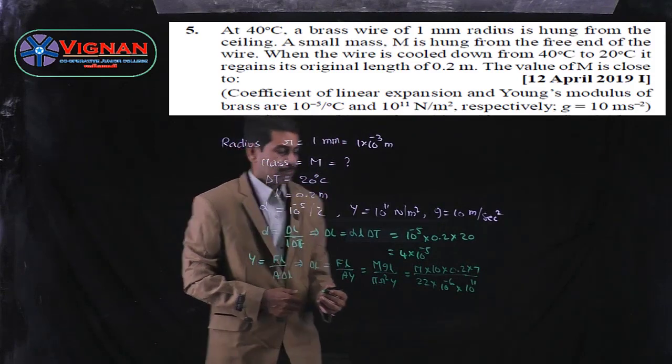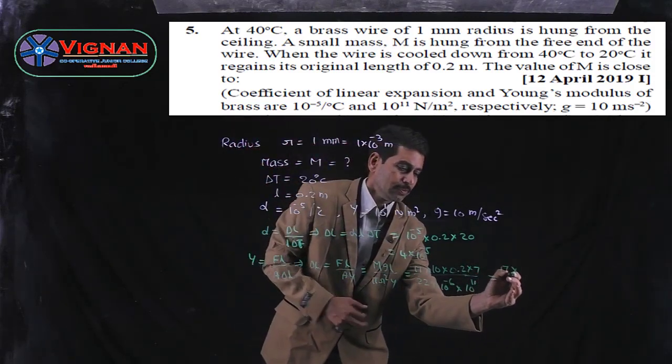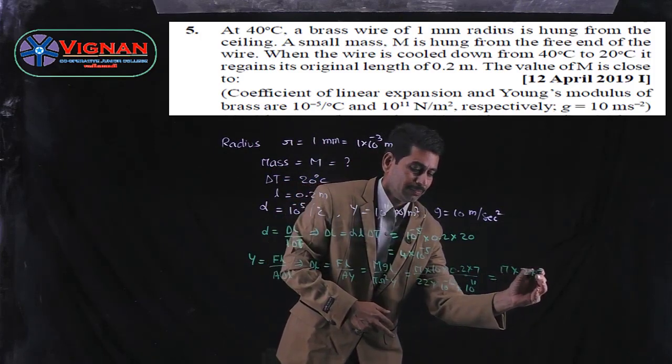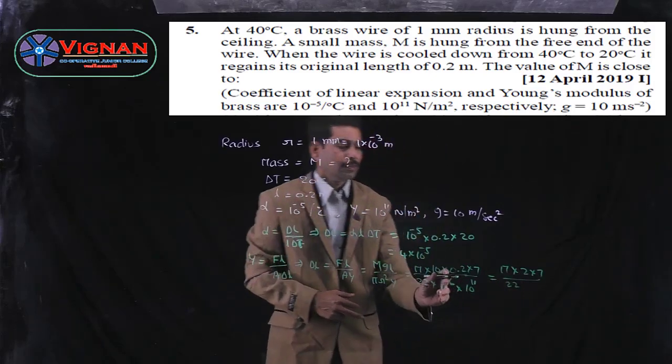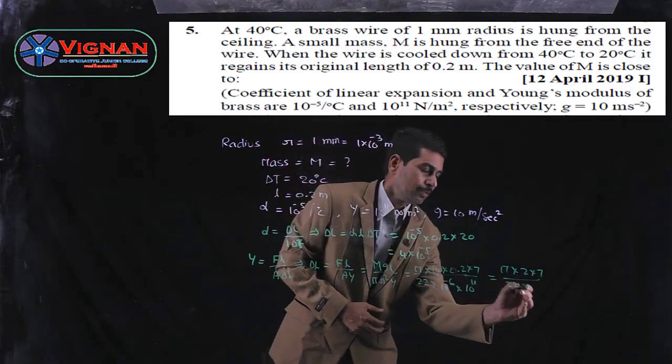This can be simplified. This is equal to m into, since 0.2 is 2 by 10, the 10 gets cancelled, we get 2 into 7 divided by 22, and 10 power minus 6 plus 11, which is nothing but 10 power 5.